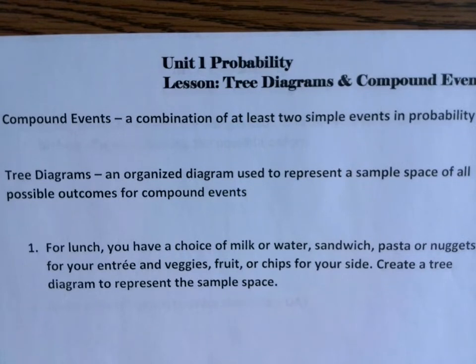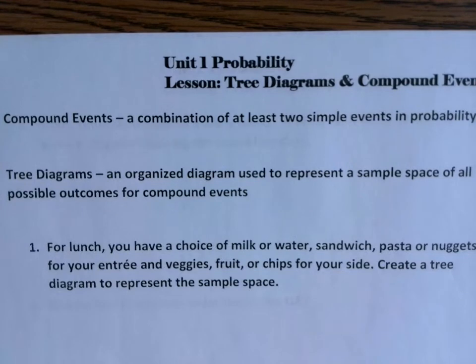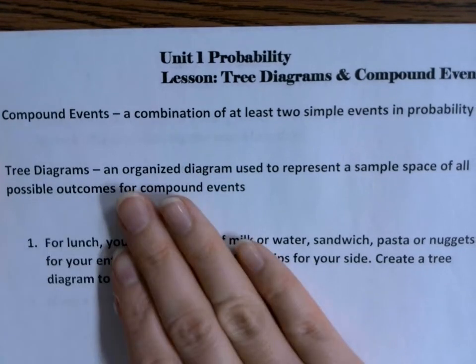These are simple events that you are combining together and looking for outcomes from each. We've already utilized our concept of the fundamental counting principle to identify total amounts of outcomes for compound events. Now we're going to use tree diagrams to map out the entire sample space for these compound events.